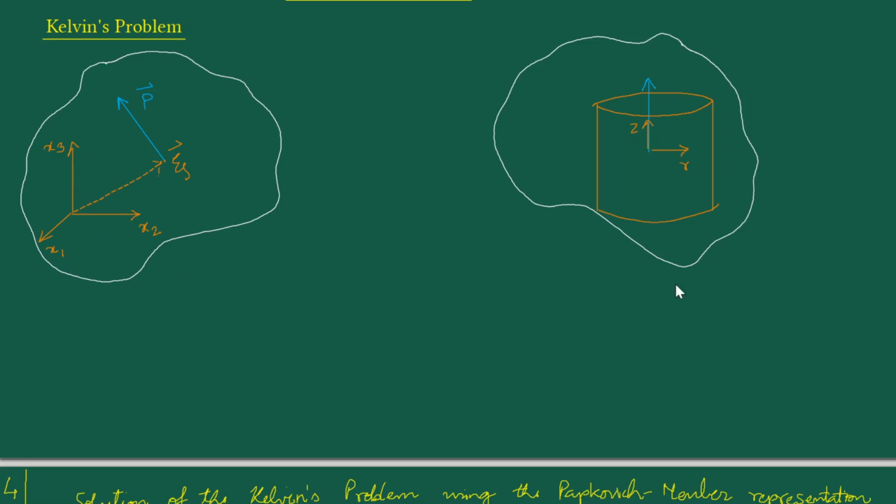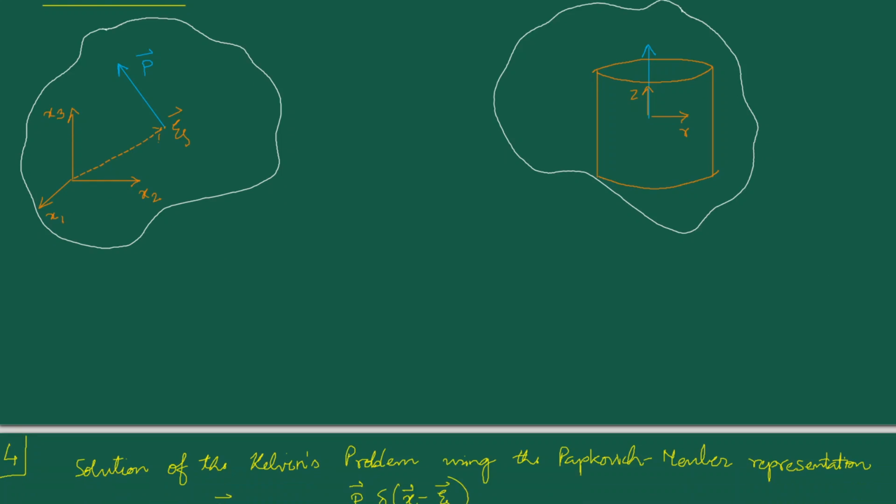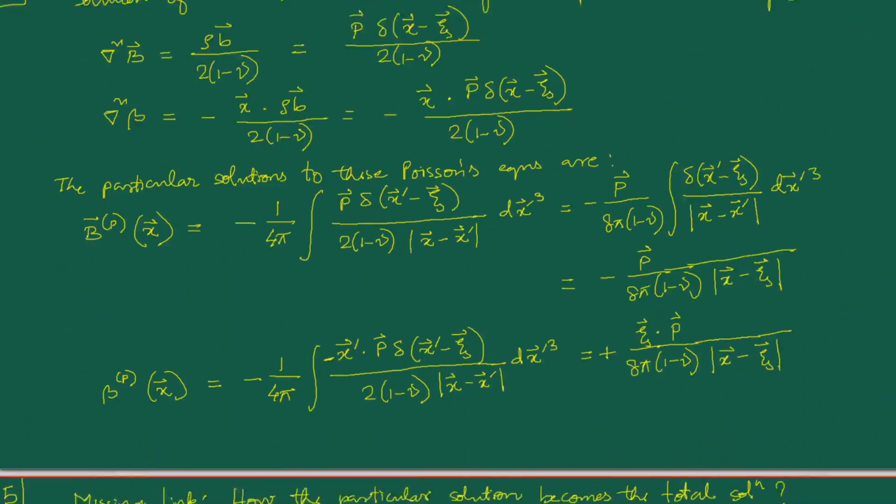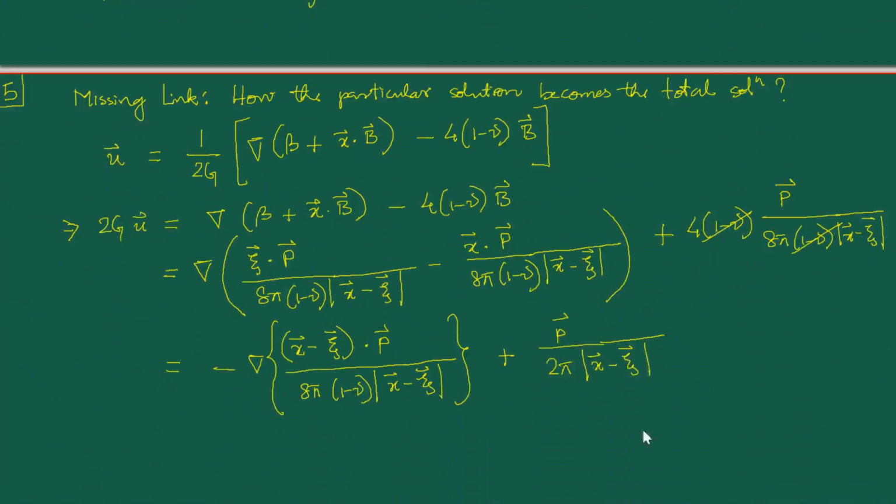That is exactly what we have done by writing our entire thing in terms of this general x vector, and considering that the point body force is acting at this point xi with this position vector xi.